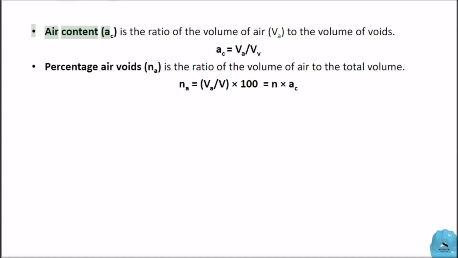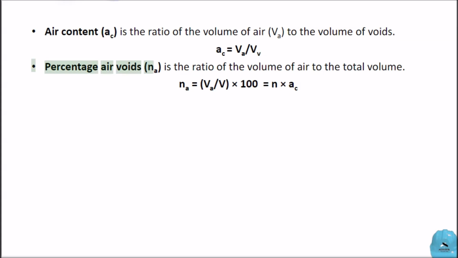Air content, A_c, is the ratio of the volume of air, V_a, to the volume of voids, V_v. A_c equals V_a over V_v.